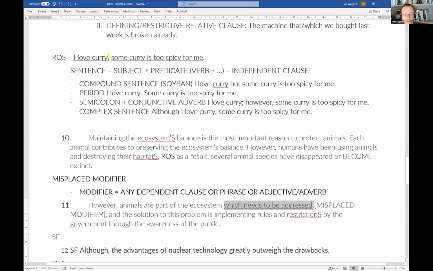So the rule, which I mentioned earlier, is that the relative clause needs to come right after the idea it's modifying. So here, which needs to be addressed, what does which represent? What needs to be addressed?